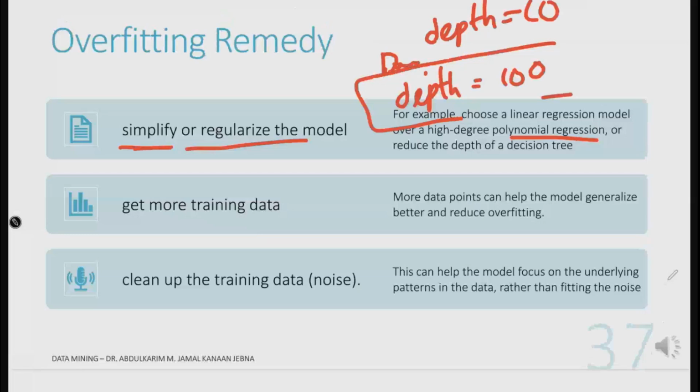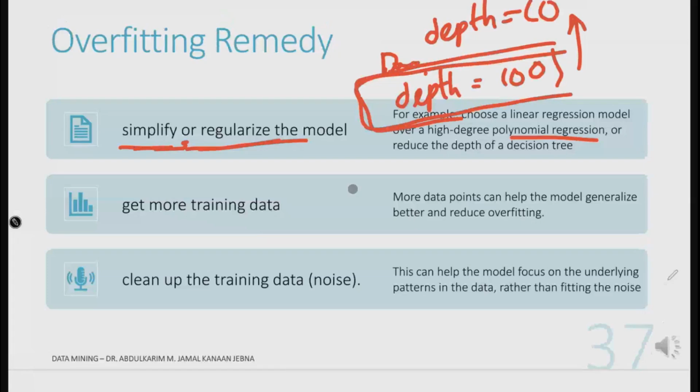That means your algorithm is too powerful with depth 100, it can do a lot of things. So you need to reduce, simplify, or regularize. Regularize here means put restriction. So I say, instead of depth 100, the maximum depth is 10. I put restriction.